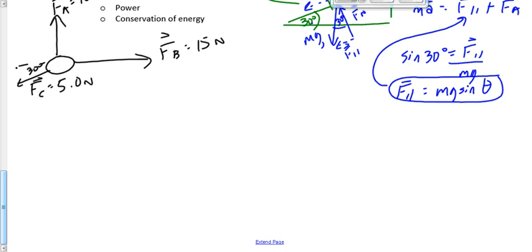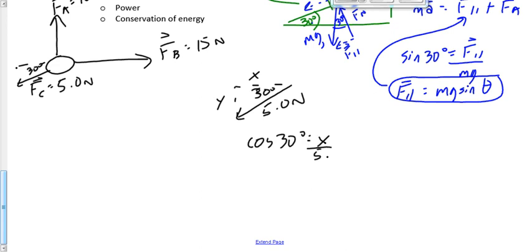So we say, over here off to the side, here's x, here's y, 30 degrees, 5 newtons. We say cosine 30 degrees is equal to x over 5. And we say sine 30 degrees is equal to y over 5.